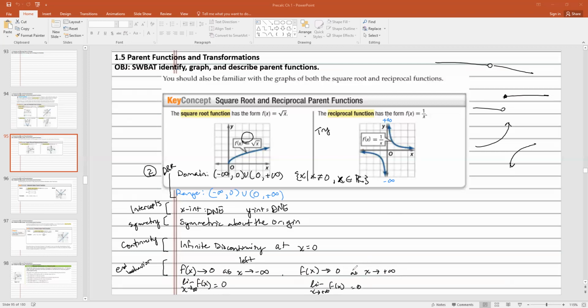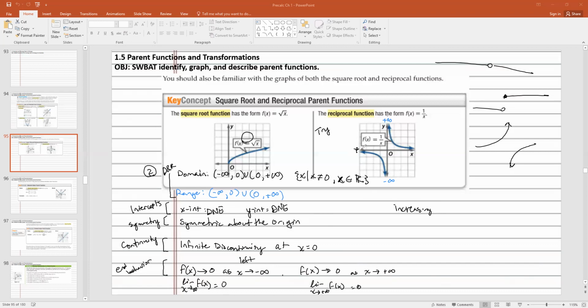All right, so we have domain and range, intercepts, symmetry, continuity, and end behavior. There's one more: intervals on which the graph is increasing and decreasing. Last one. Remember, for increasing and decreasing, you want to start on the very left.